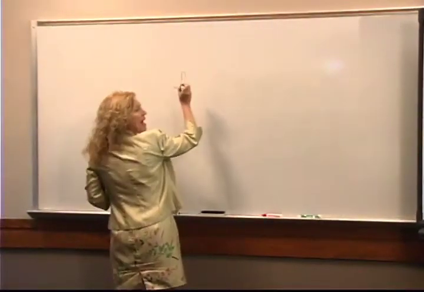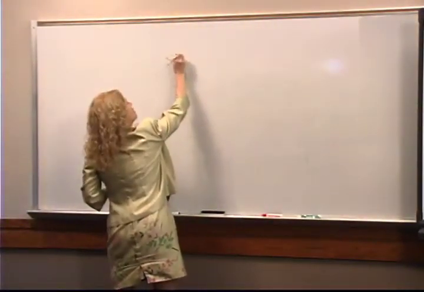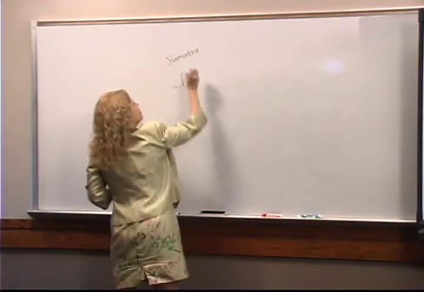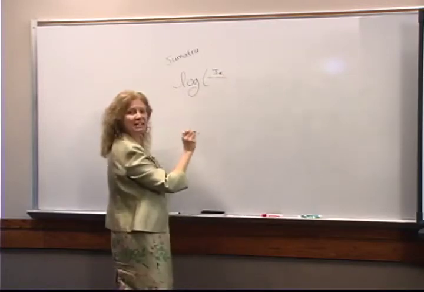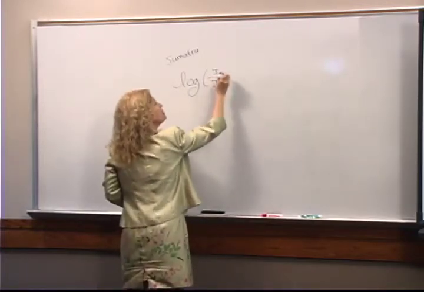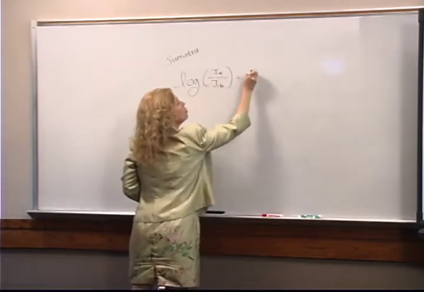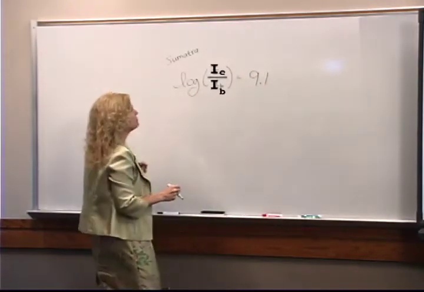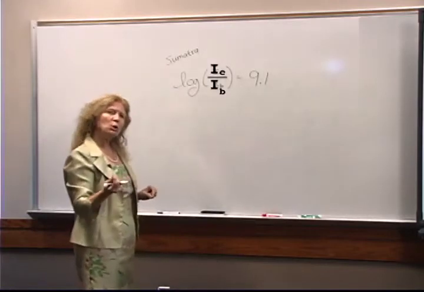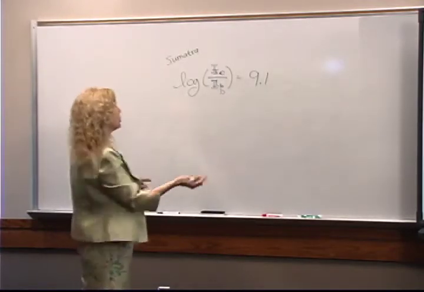We know that for Sumatra, the log of the intensity of that event compared to the intensity of the baseline is going to equal 9.1. This is where our Richter value is going to go. Well, then you recall the properties, actually the definition of logarithm.